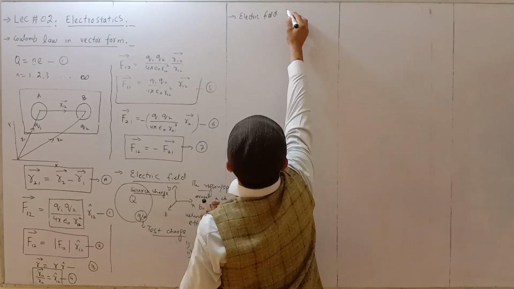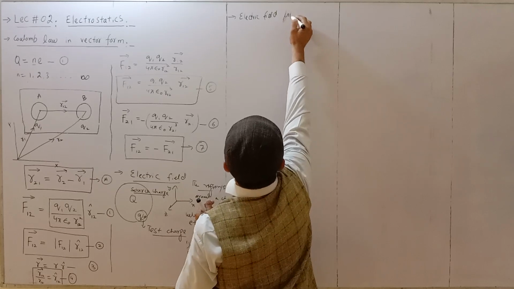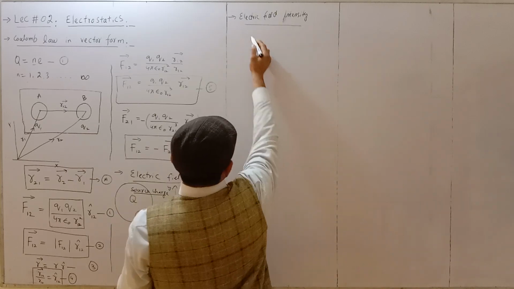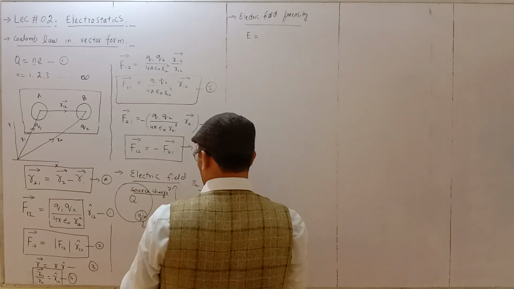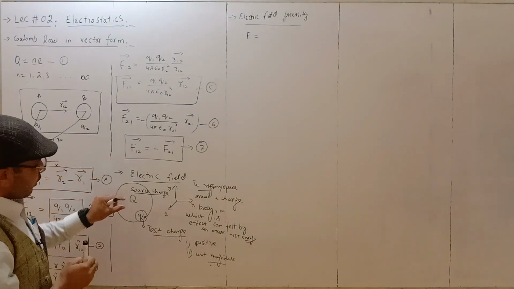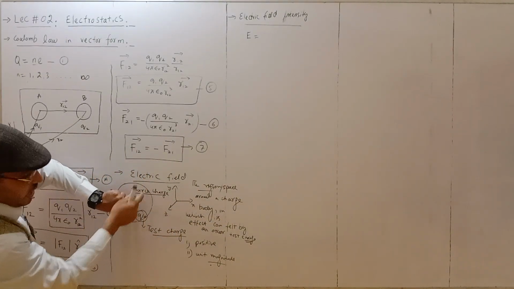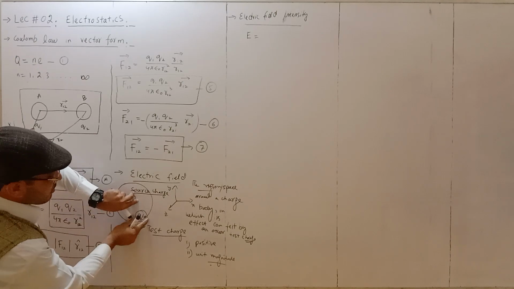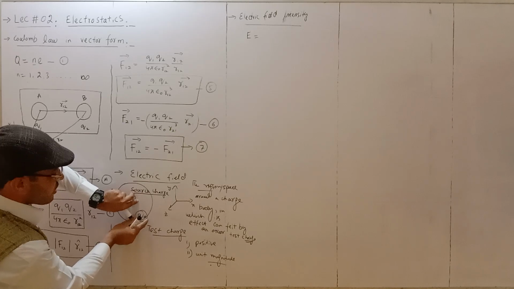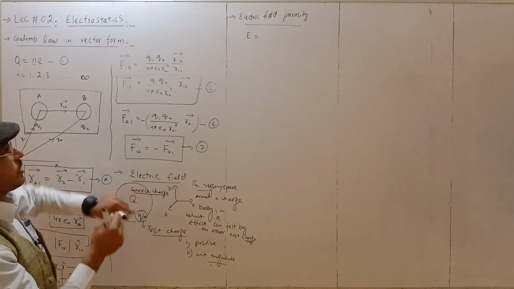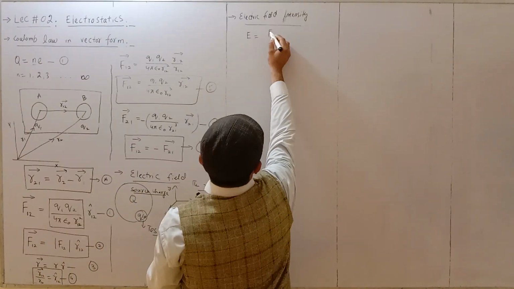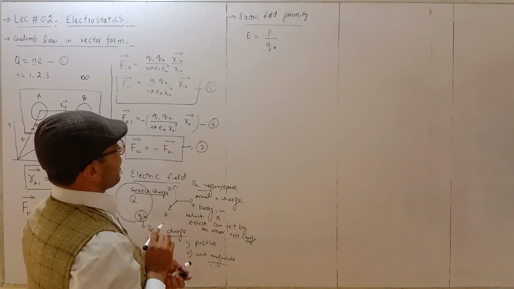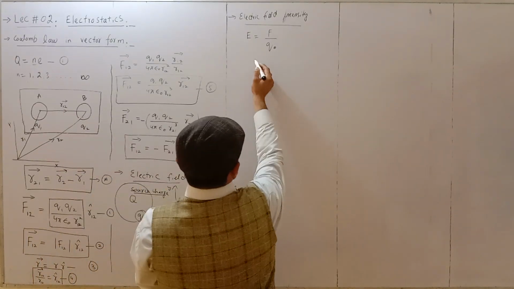Don't confuse electric field with electric field intensity. So what is electric field intensity? The force exerted by this source charge on this test charge, but the condition is that the test charge must first come into its electric field. So the force exerted on a test charge in its field is called electric field intensity.